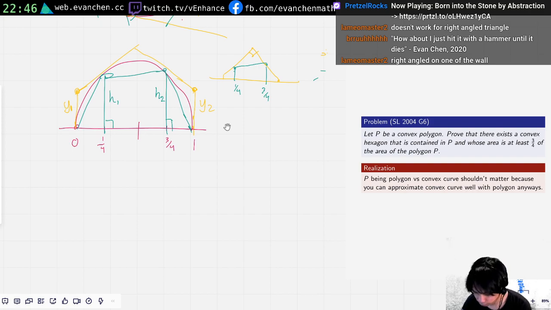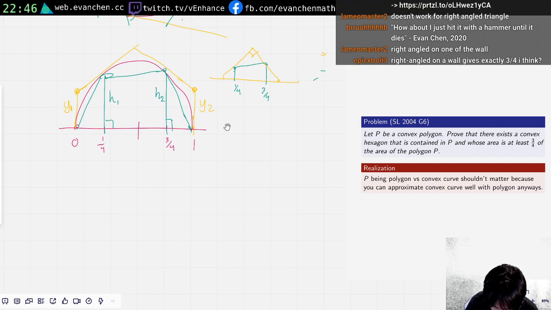Right angled on one of the walls. Oh, wait, so just take a literal right triangle? And then if you take 1/4 and 3/4.